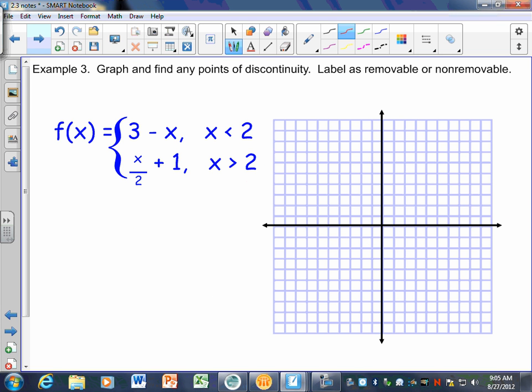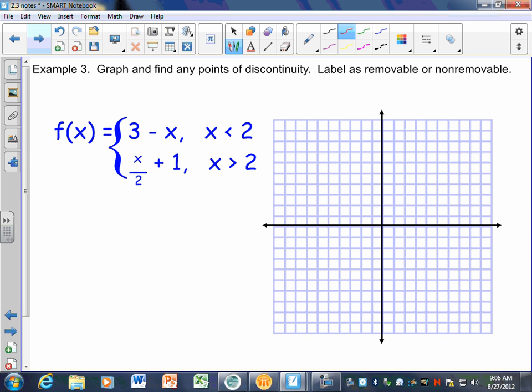Piecewise functions, they're my favorite. Graph and find any points of discontinuity, label as removable or non-removable. So hopefully we're feeling pretty good about points of discontinuity. Piecewise functions, these are both linear graphs, so I feel like we could graph this pretty easily. 3 minus x, when x is less than 2, so here's going to be my kind of dividing point.